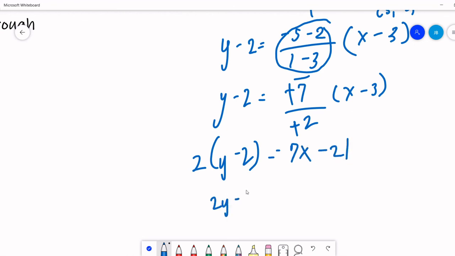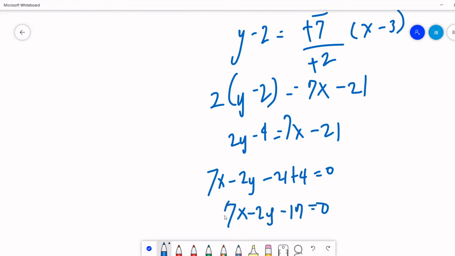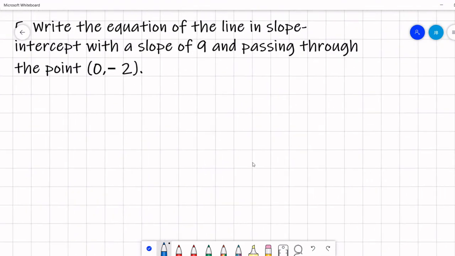Therefore, that's 2y minus 4 equals 7x minus 21. Simplify your equation. So that's 7x minus 2y minus 21 plus 4 equals 0. Therefore, that's 17. All right. So this is your answer for that question.